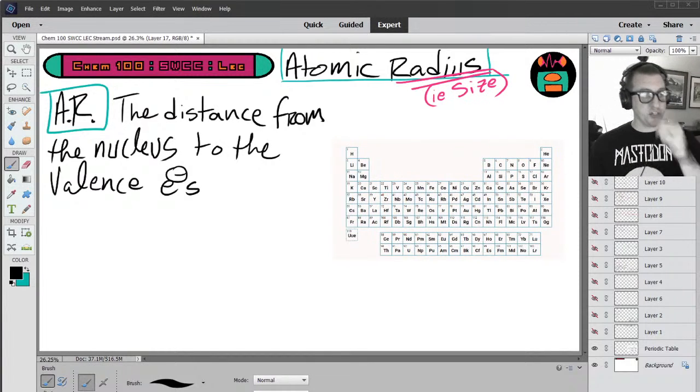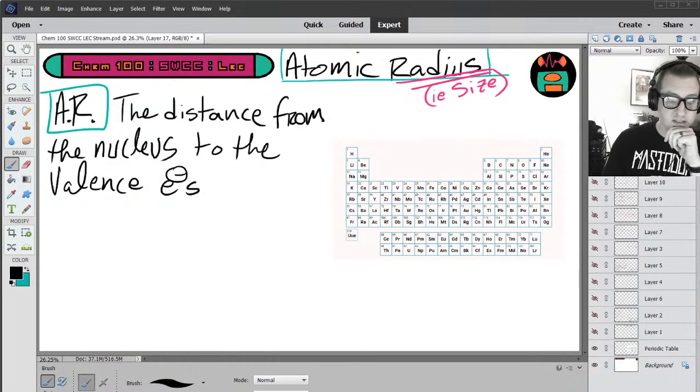All right, so that is the definition for the atomic radius.